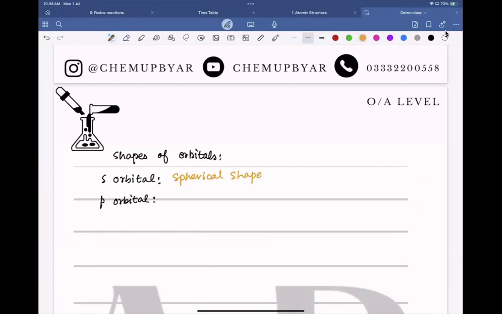S is spherical in shape, and P is dumbbell shape. Okay. Yes, sir.